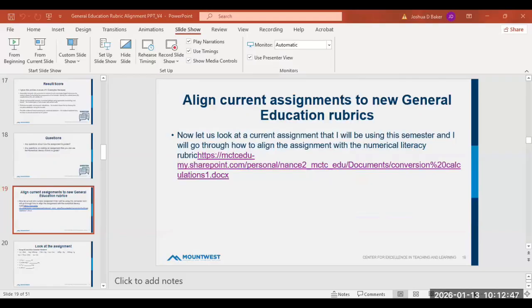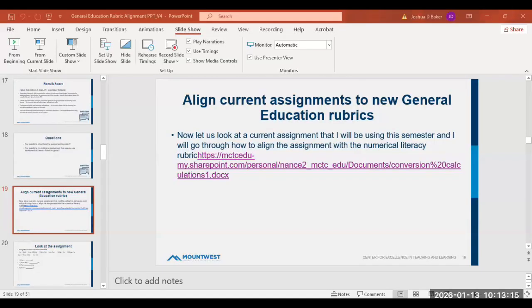Let me find it on my flash drive. That's a good idea. Conversion calculations. So I will share my screen. Yeah. Can I see it? Yeah. Okay. Very good.